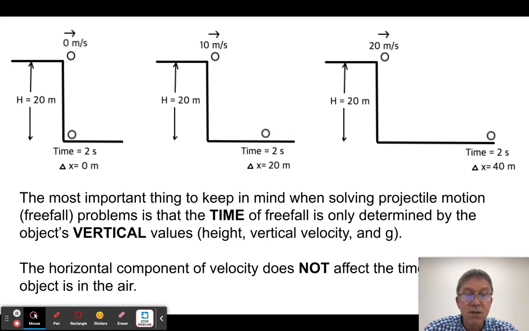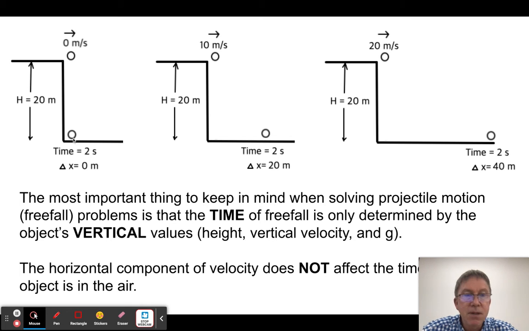Those are the only things that are going to determine how long the object is in the air. Any horizontal component of its motion has no bearing on the amount of time it's in the air. It has a bearing on how far away it's going to land, but not on how long it's going to be in the air. So just please keep in mind that the horizontal component of motion does not keep you in the air any longer.